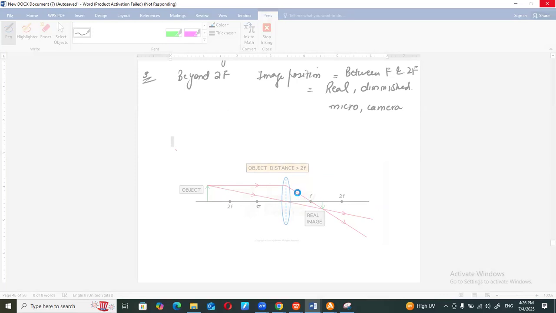The image is real and diminished, or you can say very small in size. And the practical examples are microscope and camera, the best examples. We got two examples.